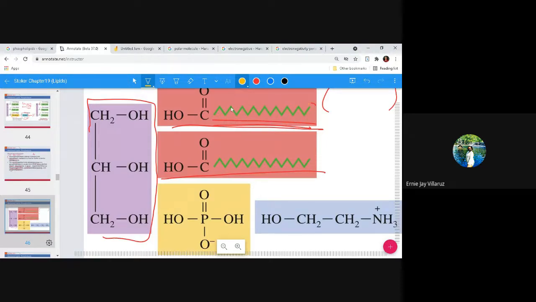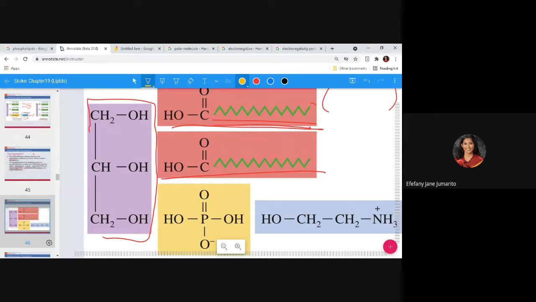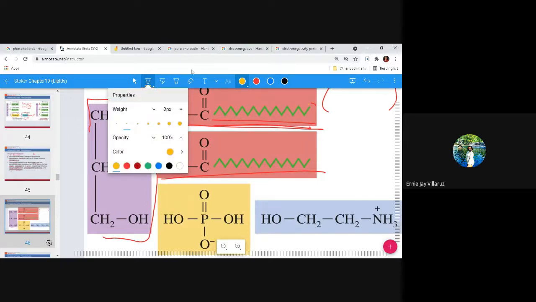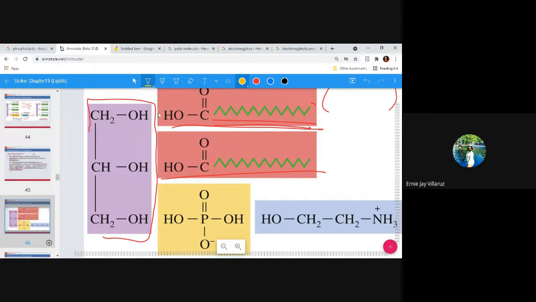One, wait, 1, 2, 3. C18, ma'am, and O3. That is 18 carbons.